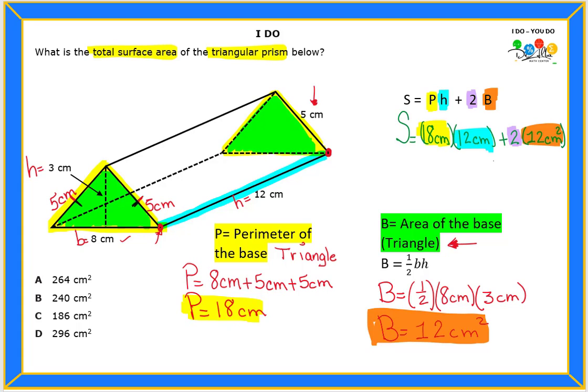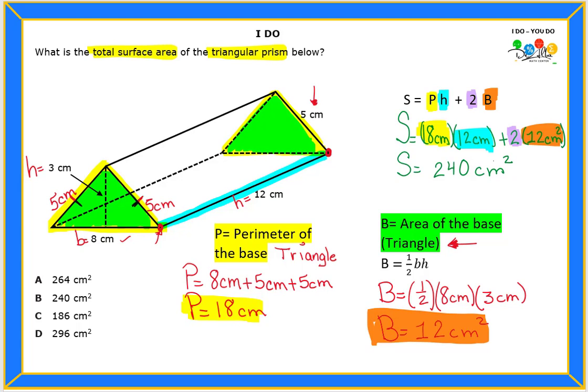Okay, so let's finish up the problem. You will need to just input all that on the calculator. And if you multiply 18 times 12 and you add 2 times 12, you get 240 square centimeters. Okay, now 240 is the final answer for everything.